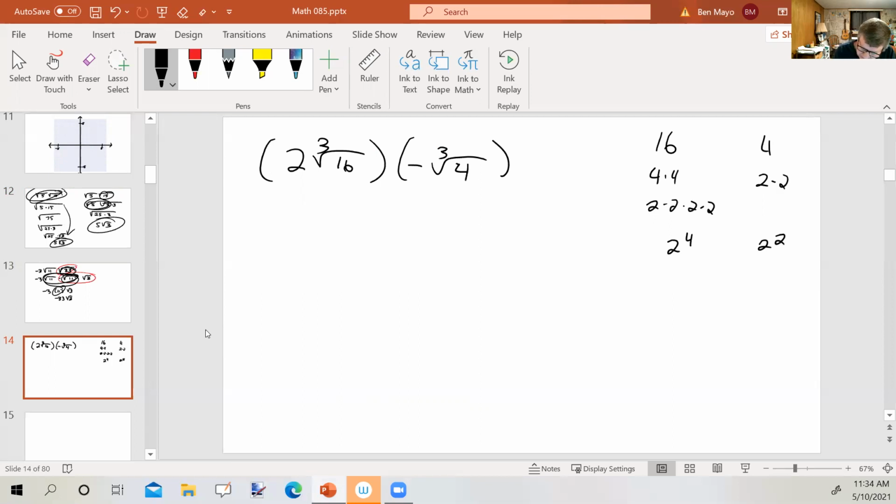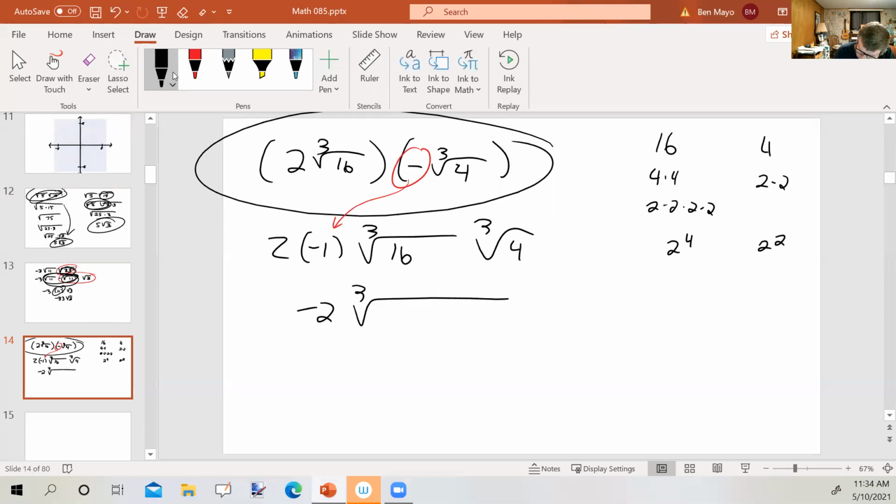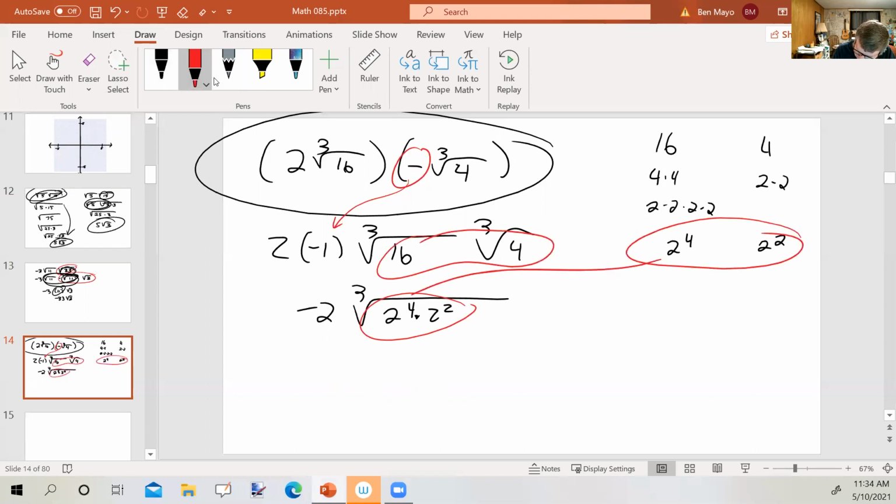Okay, so we could take this whole thing and rearrange it as 2 times -1, that -1 coming from here, times the cube root of 16 times the cube root of 4, okay, which is -2 cube roots of 2 to the 4th times 2 squared. Where am I getting these from? I'm getting them from over here, okay, which is -2 cube roots of 2 to the 6th power.